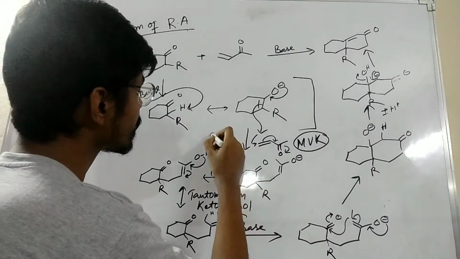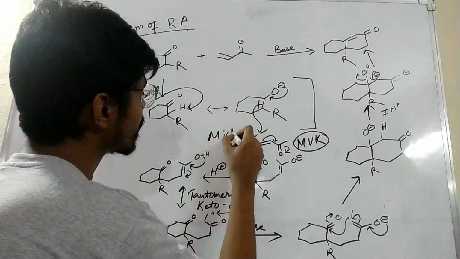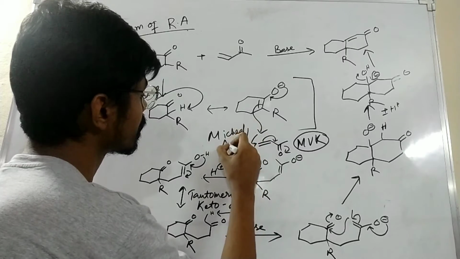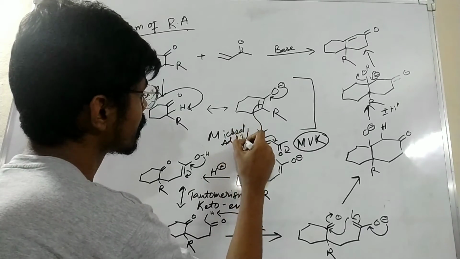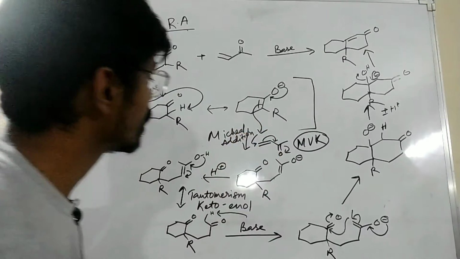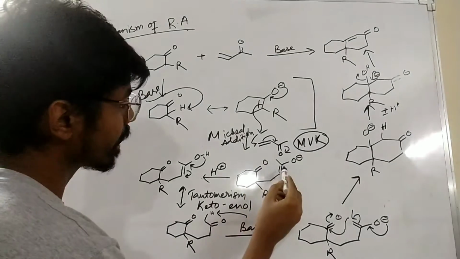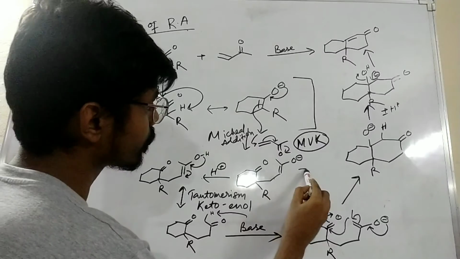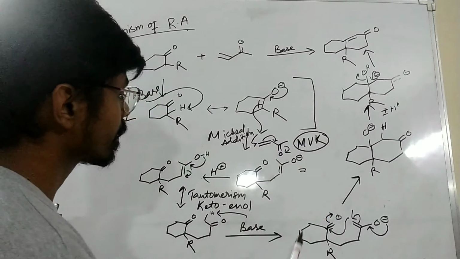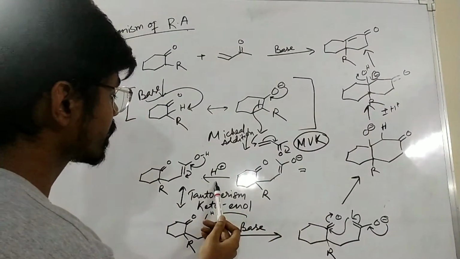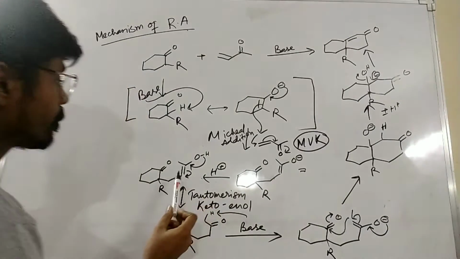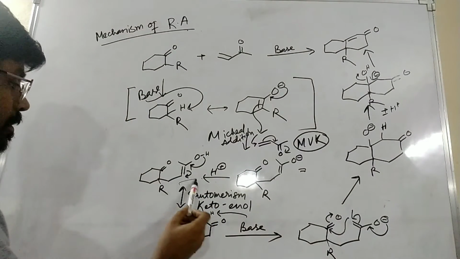So this step is actually the Michael addition. After the attack this enolate will form, and abstracting a proton it will form like this.